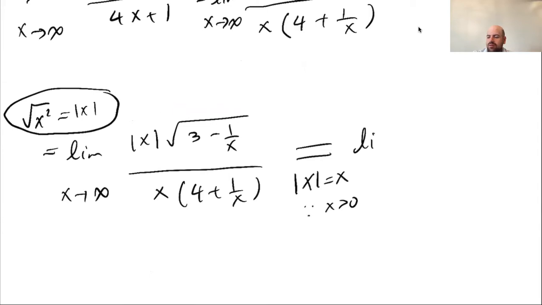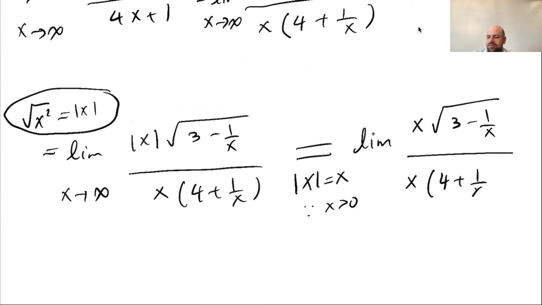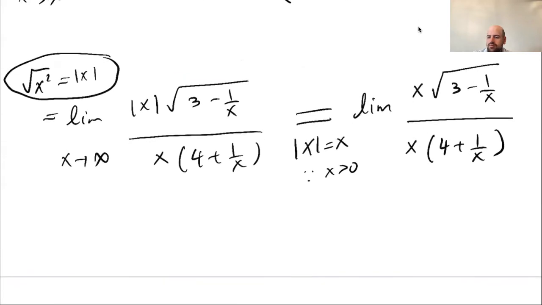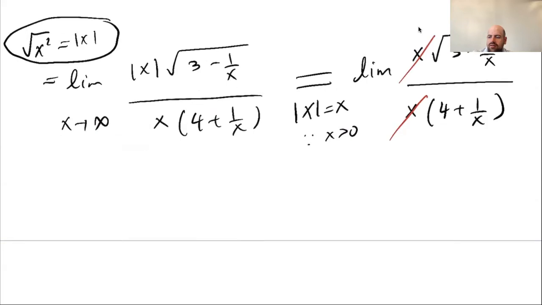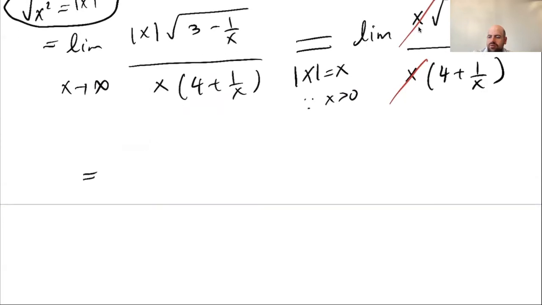So then we'll have the limit of x times square root of 3 minus 1 over x, divided by x over 4 plus 1 over x. Now I can cancel x with x, the top and bottom. And then I'll have square root, what will be the answer?